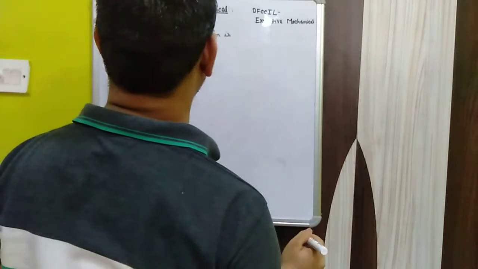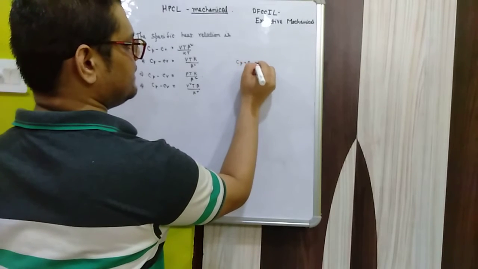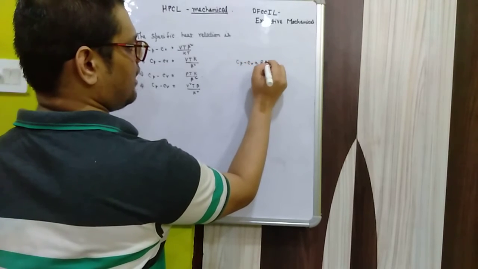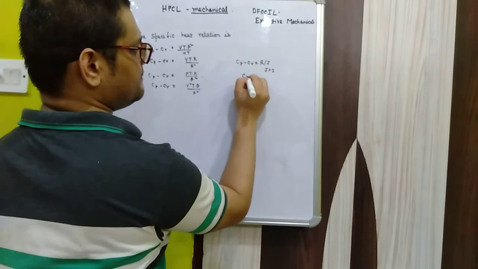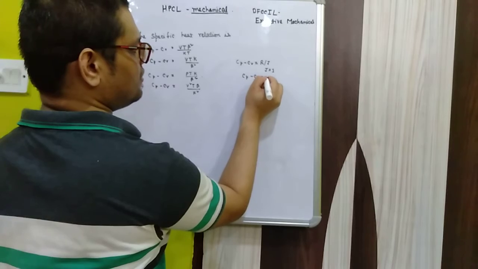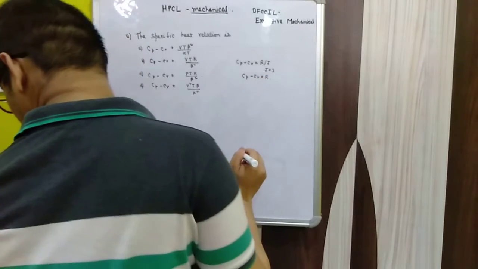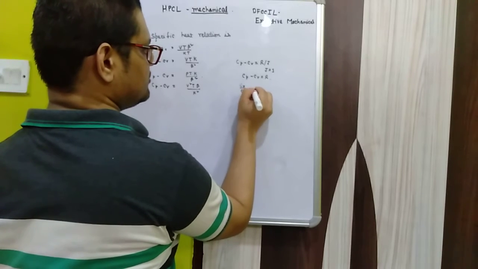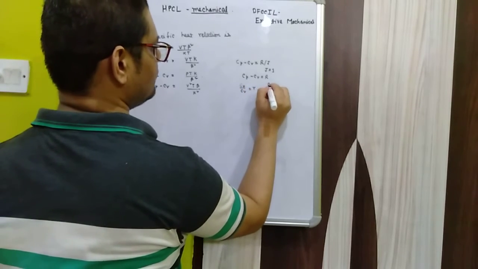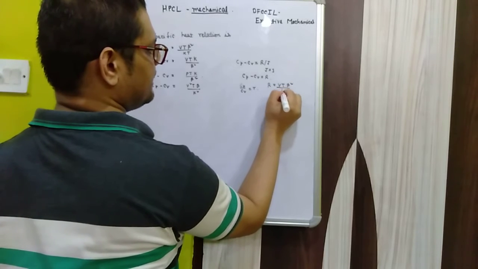So we know from the gas equation that Cp minus Cv is equal to R by J, and J is equal to 1. So we can put Cp minus Cv is equal to R. So R value is equal to Vt beta square by Kt.